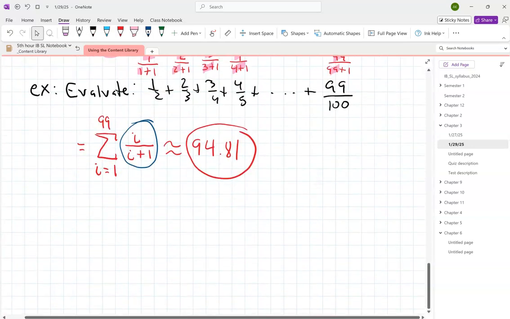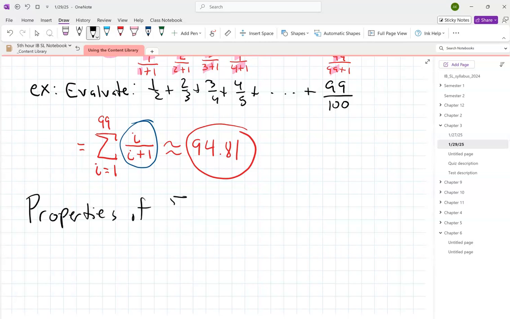So a couple of properties. If I have some value that doesn't depend on that variable, the index variable, I can pull that value out front and just deal with the k times whatever that sum is.